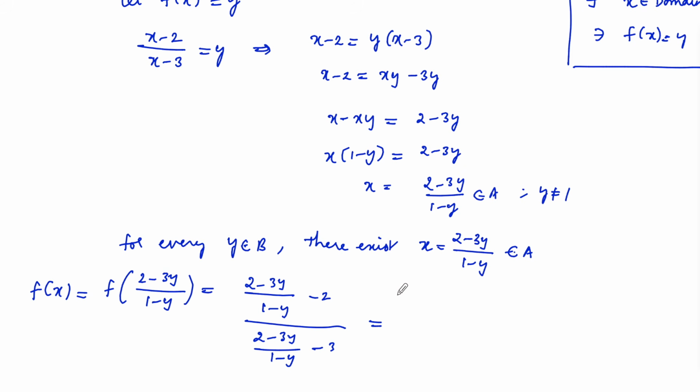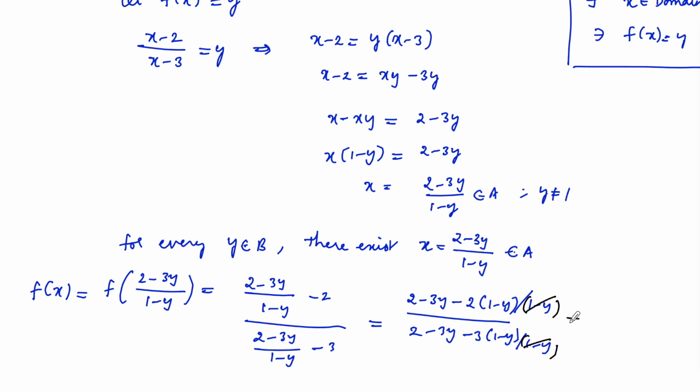So that simplification: [2 minus 3y minus 2 times (1 minus y)] upon [2 minus 3y minus 3 times (1 minus y)], and here upon 1 minus y and here upon 1 minus y may cancel, so we can cancel these two terms, which is equal to (2 minus 3y minus 2 plus 2y) upon (2 minus 3y minus 3 plus 3y).